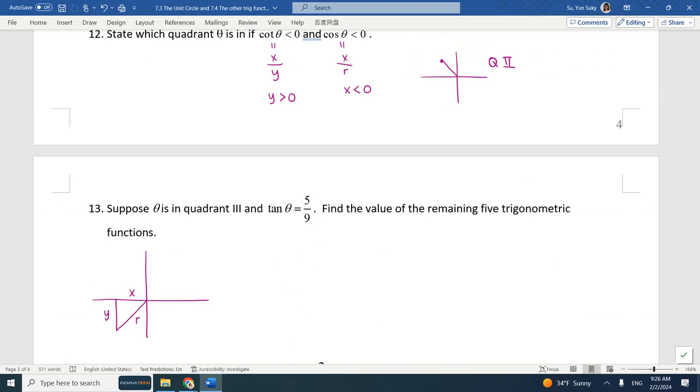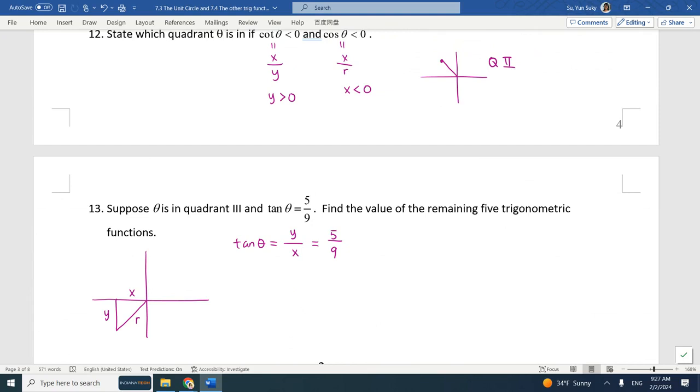Draw a point and then you can figure out the x and the y. Tangent is what over what? Y over x, and we know that equals 5/9.